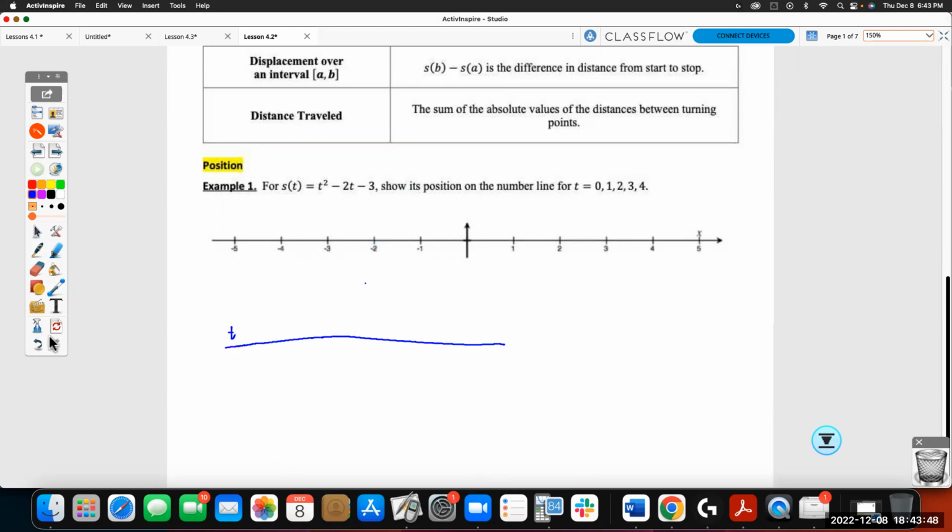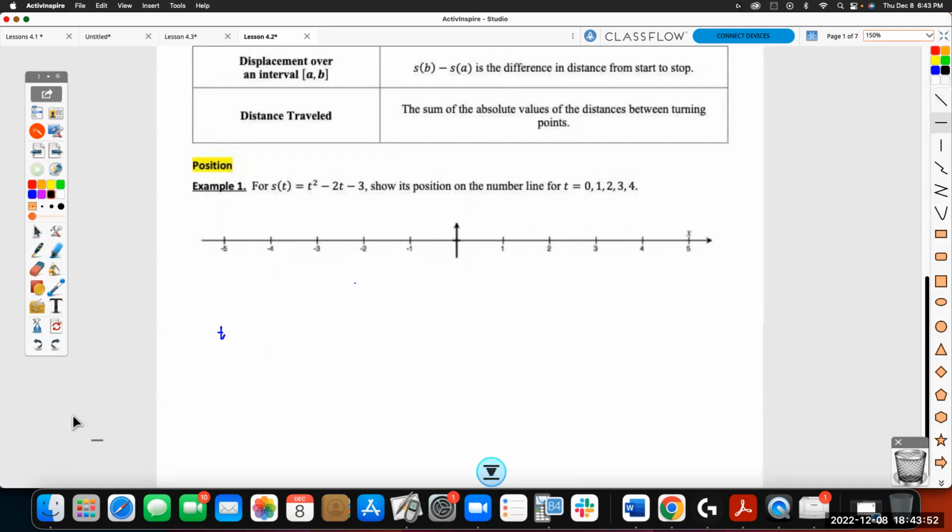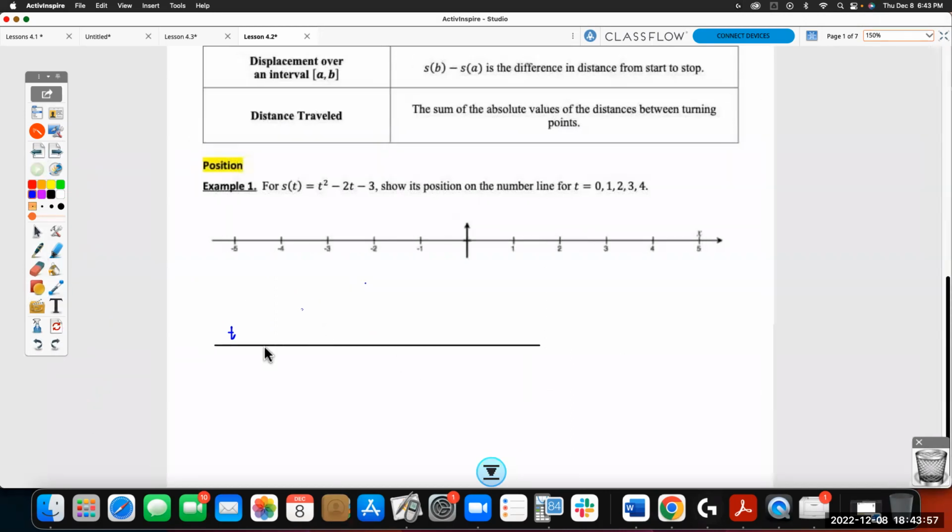So t, and then you have your s of t. If t is equal to 0, your position is at -3. If t is equal to 1, it's at -4. If t is equal to 2, it's at -3. At t equals 3, you have 0, and at t equals 4, we have 5.